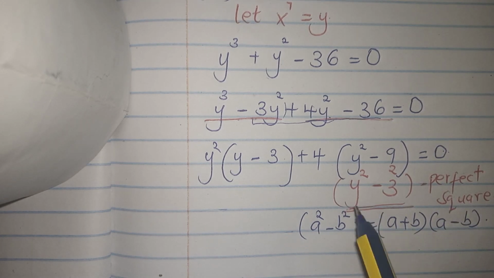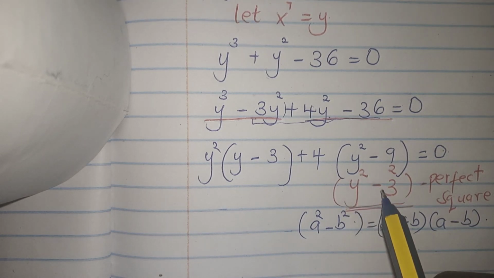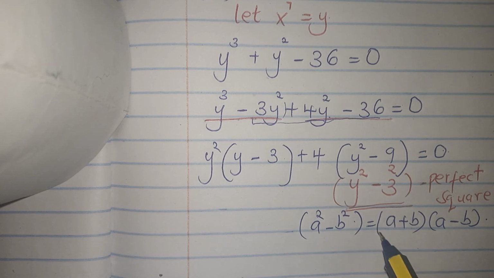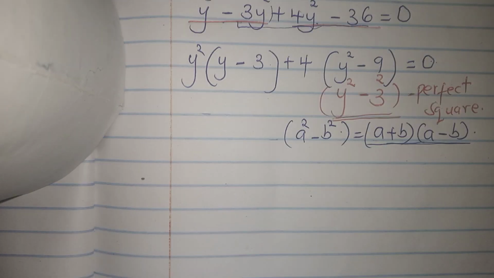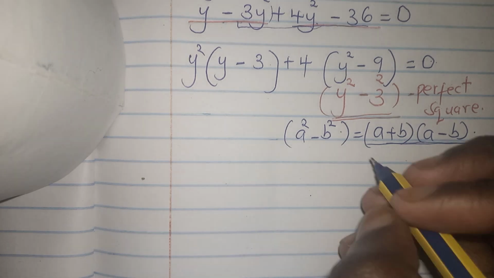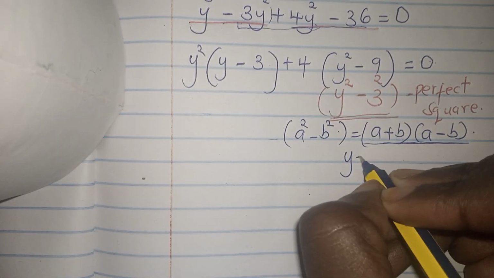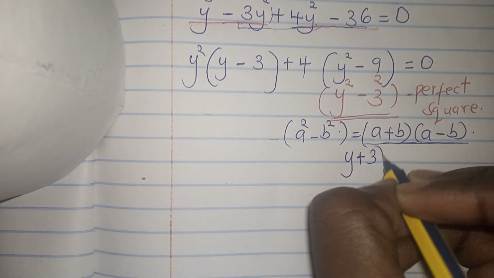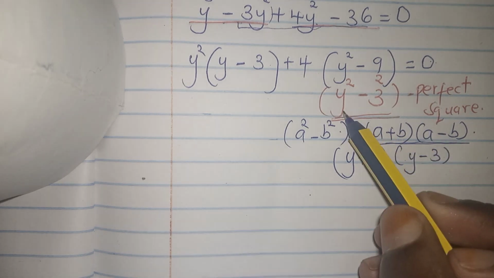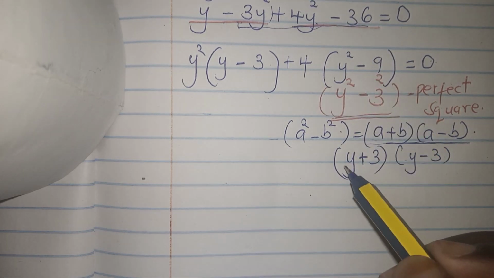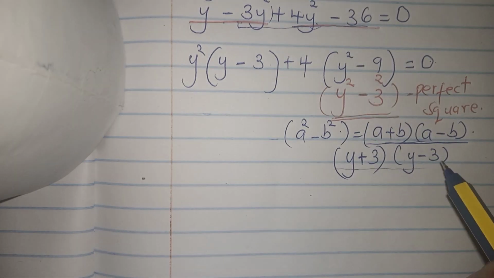So we are going to write y squared minus 3 squared in this form. Therefore, this will be y plus 3 into y minus 3.